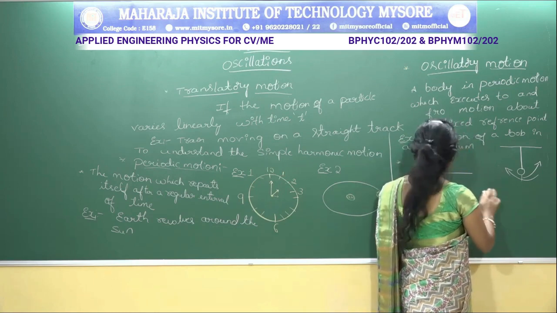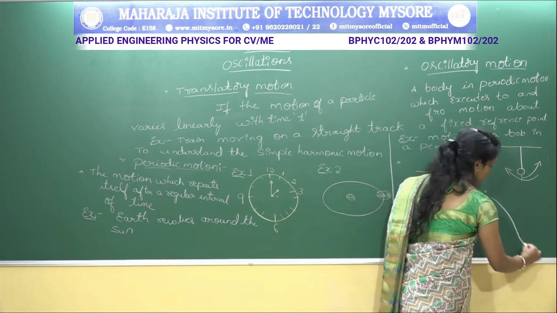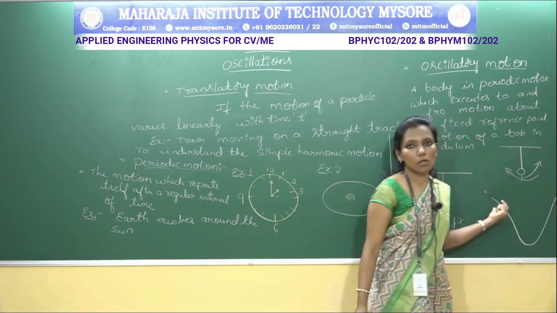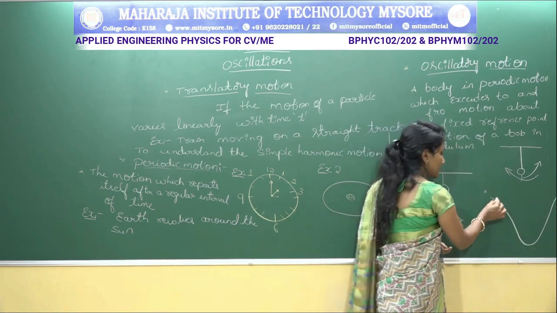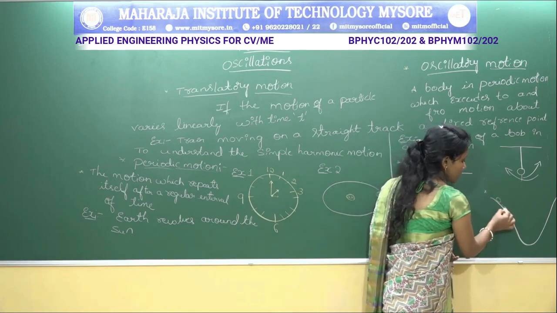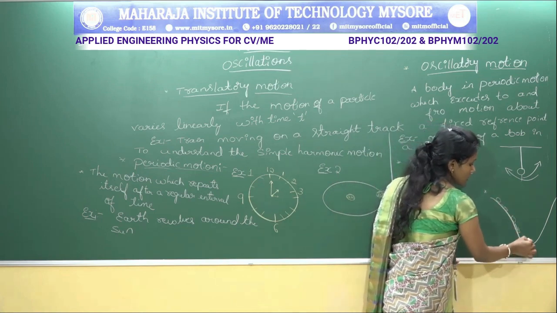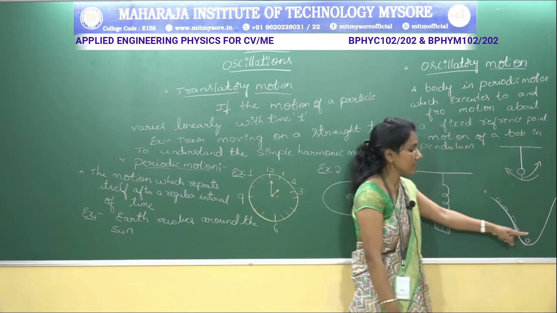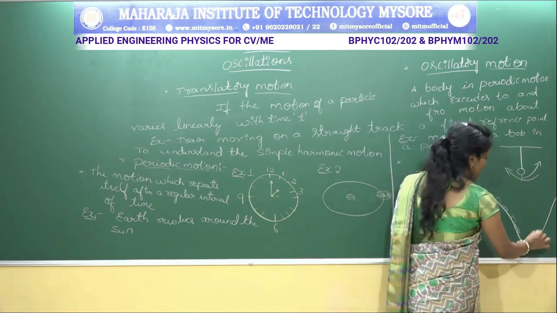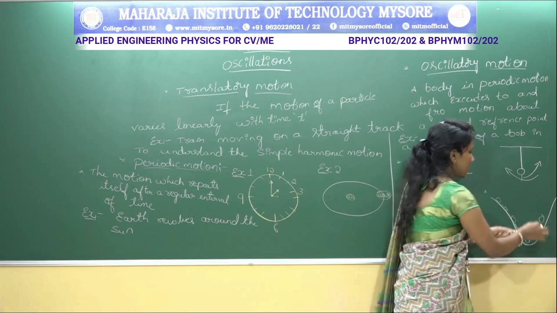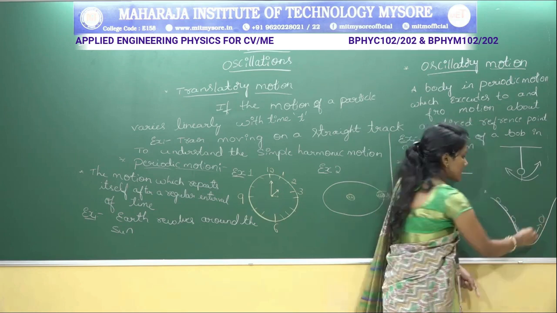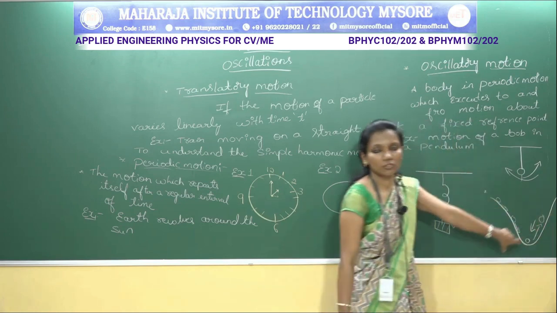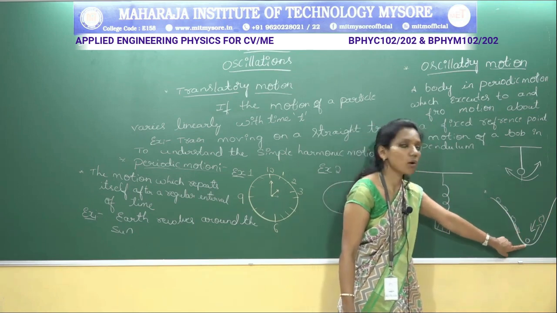Another example is a potential valve: if we drop a ball from one end, it will move about the fixed reference point, move some distance, and again come back in the reverse direction through the reference point.